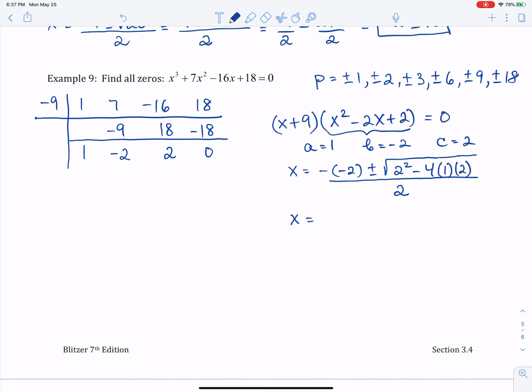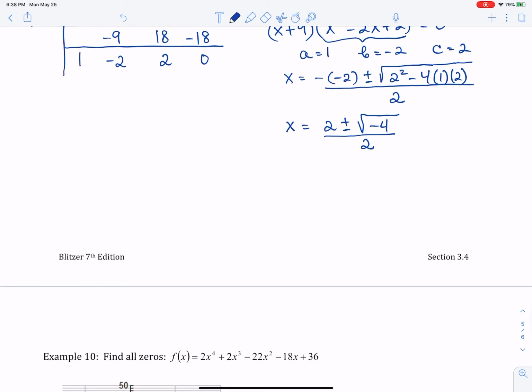So x is 2 plus and minus, 2 squared is 4, 4 times 2 is 8, so we have under the root -4, over 2.